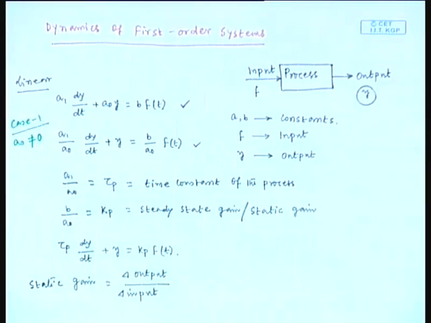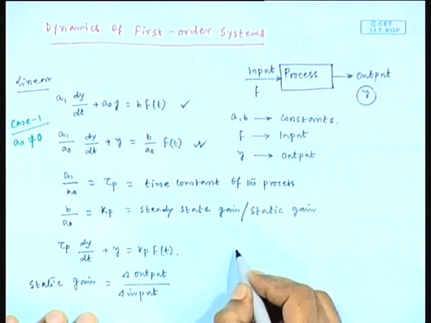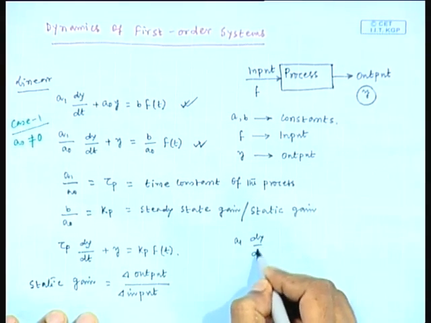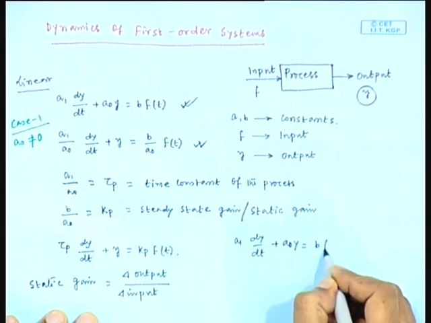So, we know the modeling equation: a1 by a naught dy/dt plus y equals b by a naught f(t). So, what will be the steady state form of this? Steady state form will be, if we consider the first equation, I mean a1 dy/dt plus a naught y equal to b f(t).